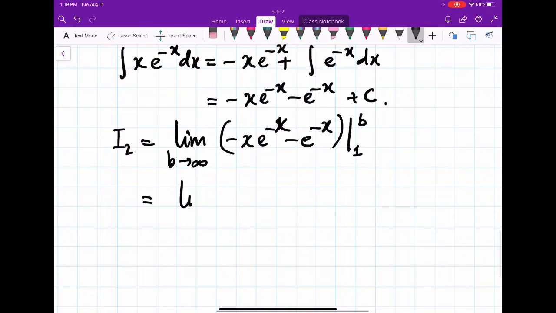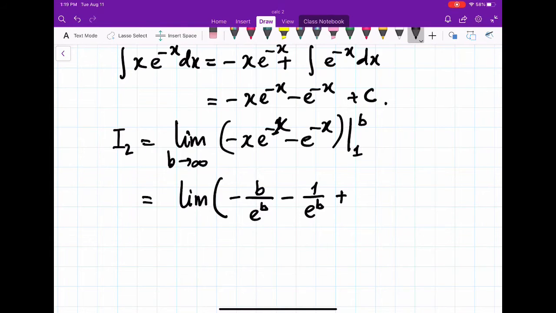Then this is equal to the limit, at b you have negative b over e to the b minus 1 over e to the b. Okay, I just flipped that, right? We have negative, so I just flipped it. And then minus, I plug 1 into this, so I get plus, right?